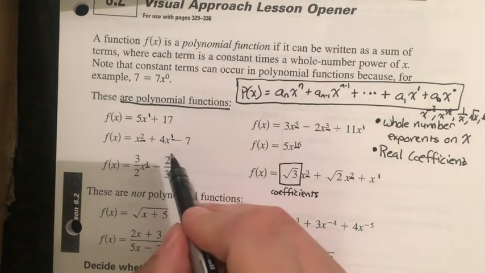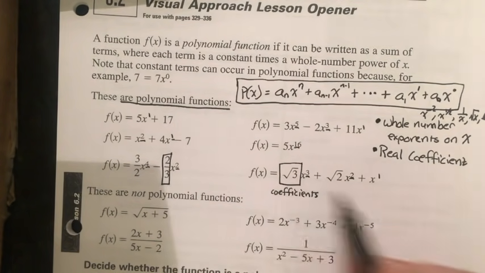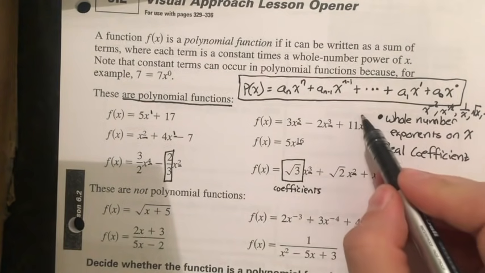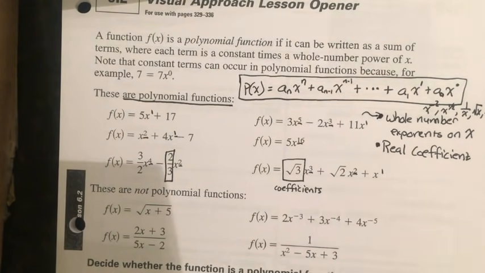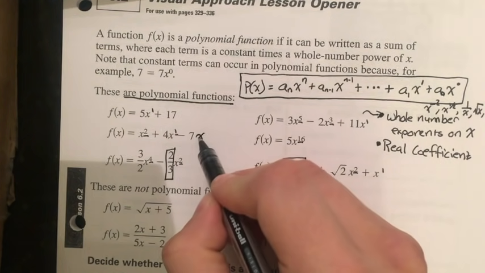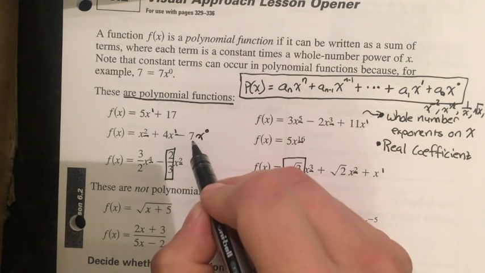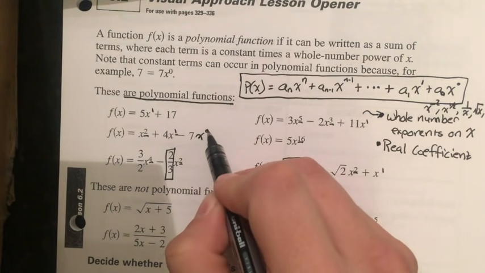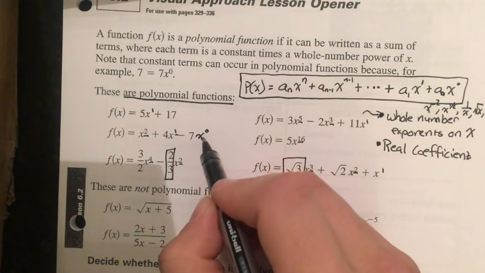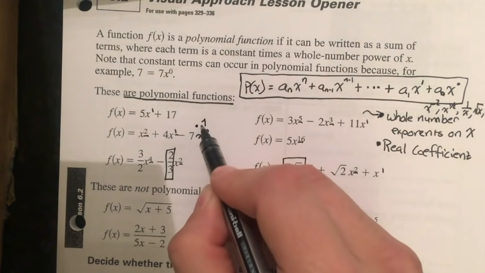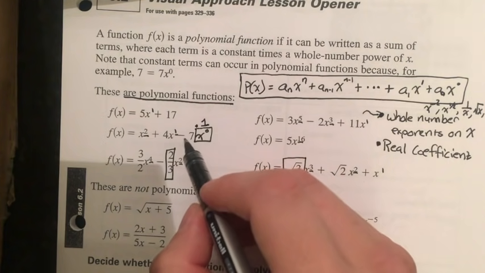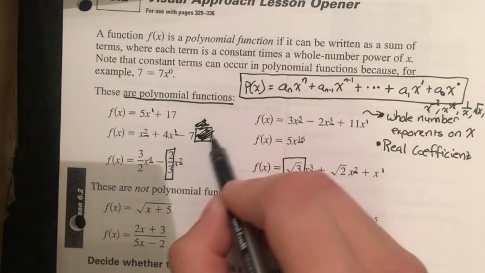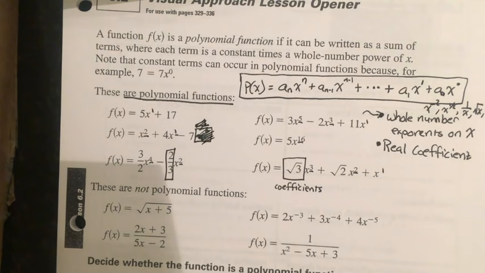Coefficients can have even fractions. All we care about in terms of the whole number part is the exponent. So all we're looking at are the exponents of x. And if you remember from Algebra 1, if I have a constant like 7, that's actually 7x to the 0 power. But since x to the 0 power is technically 1, it's the same thing as just 7. So constants are okay as well.